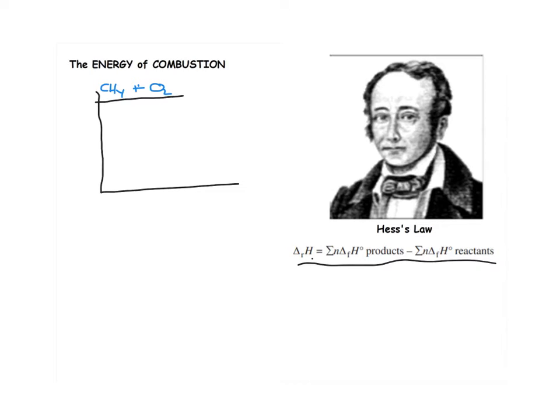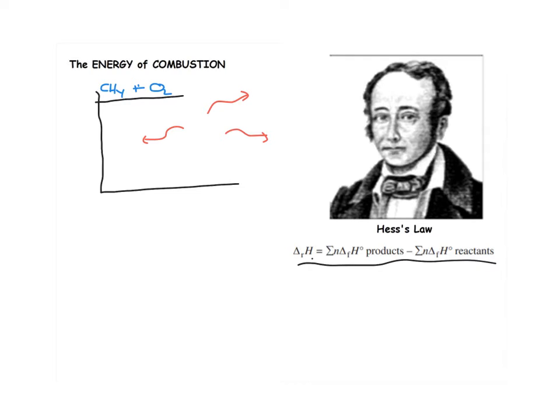Those are our reactants. Now, when we burn them, we want them to release their energy because that energy is going to allow us to turn a turbine or a motor in our car. So we want them to release energy.